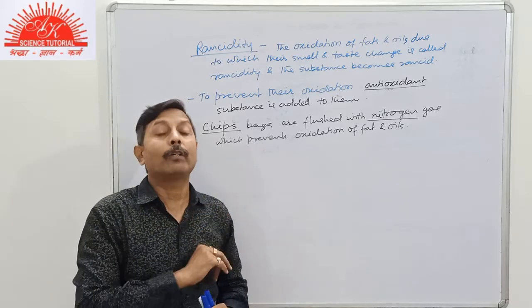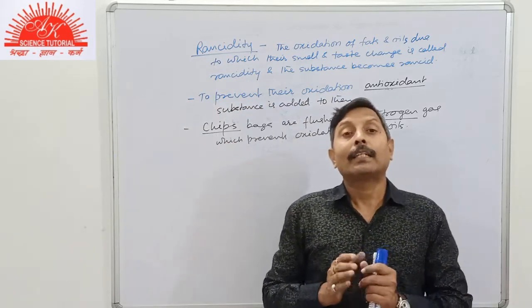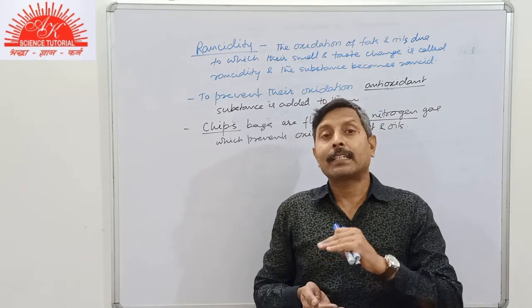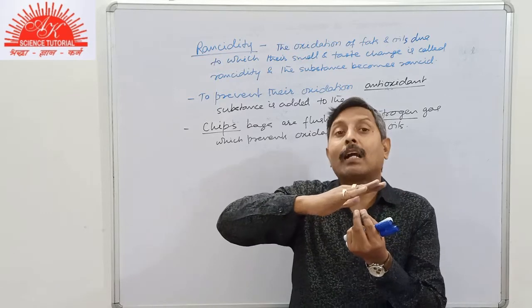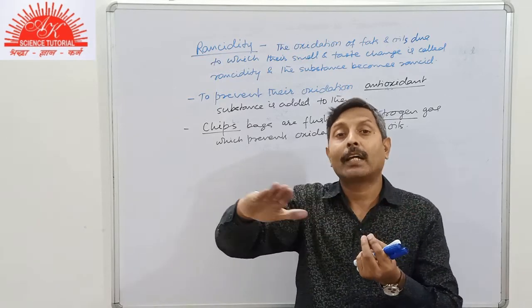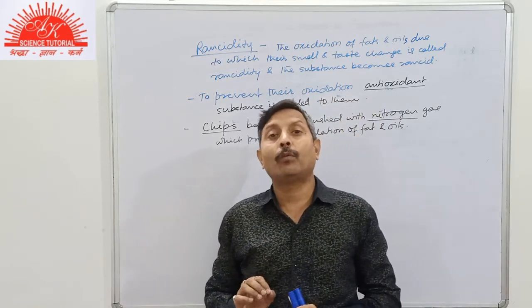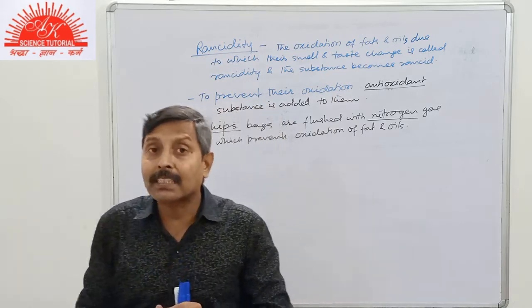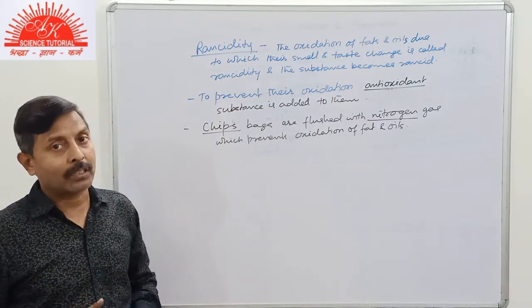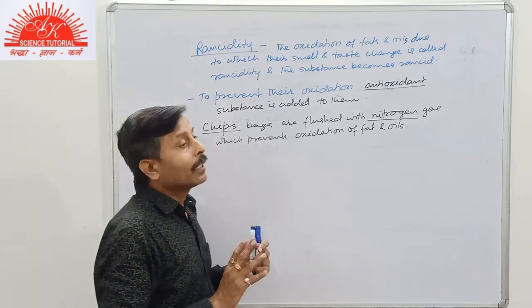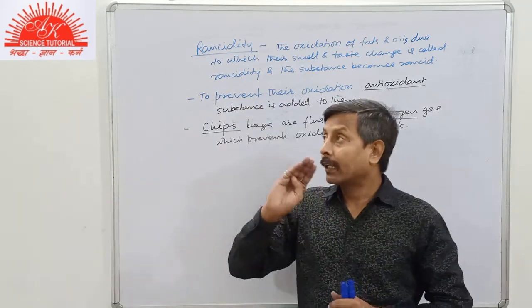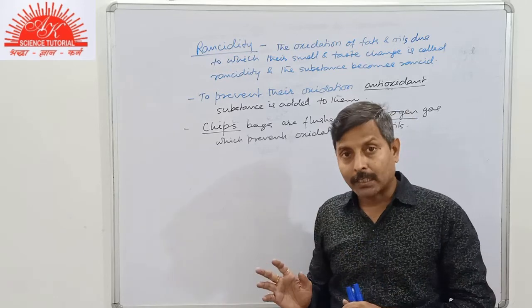This is why you have often observed that in containers, tin cans where food items are stored, the upper part is sealed with a thin sheet of aluminium foil, which acts as an antioxidant substance. Clear, student? So this is all about the chapter of chemical reactions and equations.